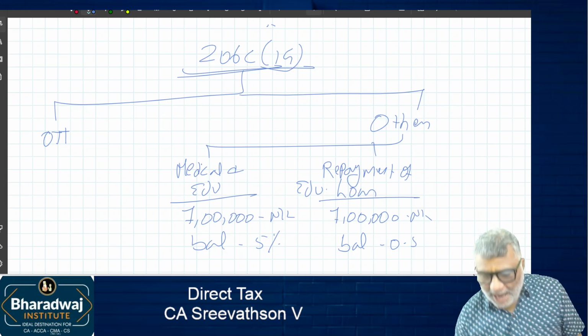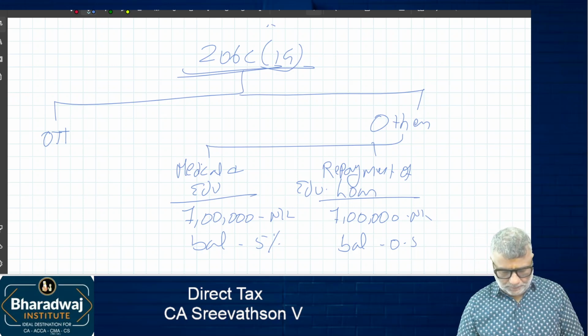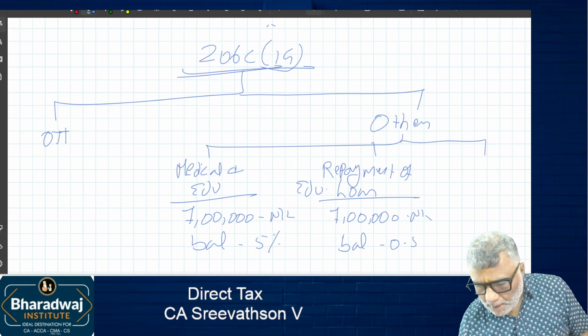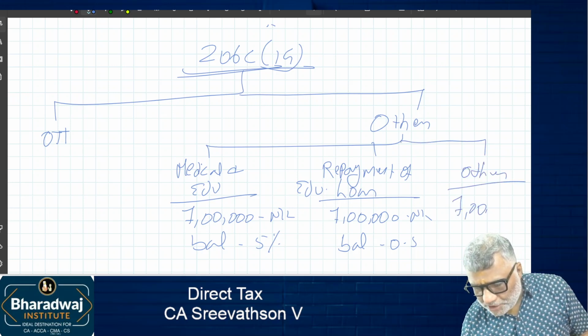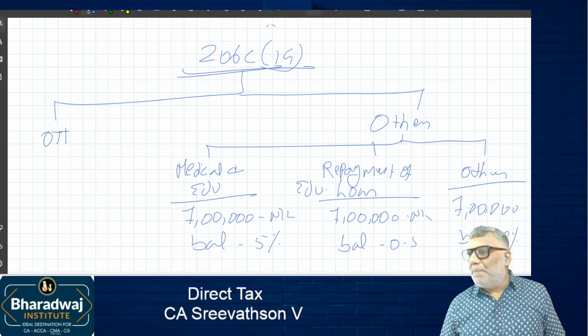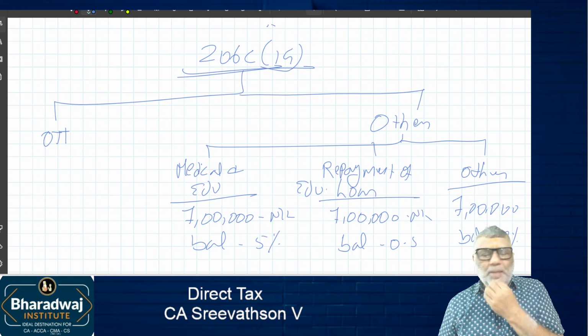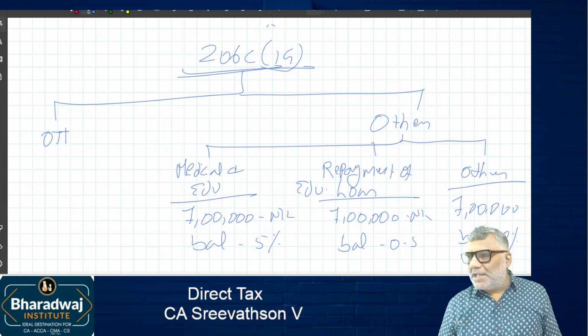And the last is others. 7 lakh is the threshold, balance 20%. Are you understanding? So, depending upon the purpose, the rates vary.